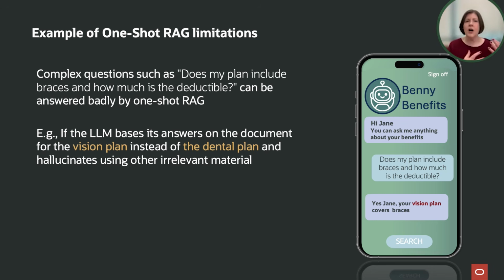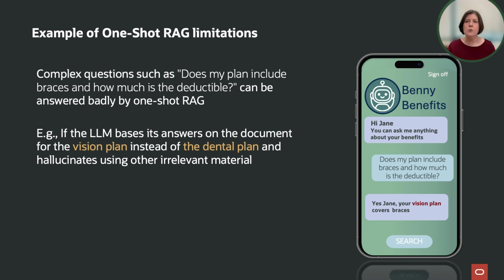And why would you want an agent rather than just using RAG, as was described? Well, there are certain questions or tasks that we're going to ask AI to do that RAG just can't quite solve for us by going to the LLM just once, using what we call one-shot RAG.